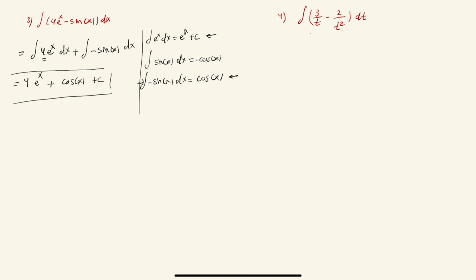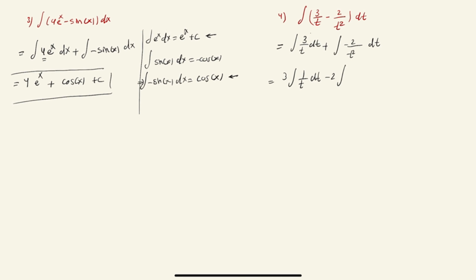Now for part 4, we have the integral of 3 over t minus 2 over t squared dt. That's going to be equal to the integral of each term. Now here I'm going to use the integral properties, so I'm going to pull the constant out of the integral.